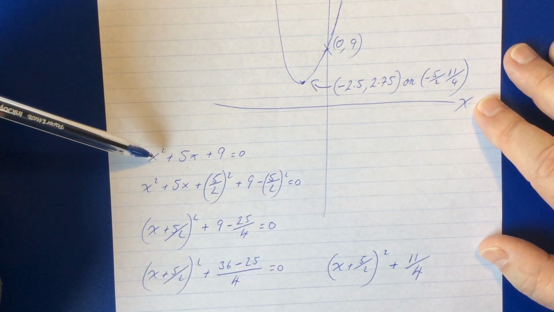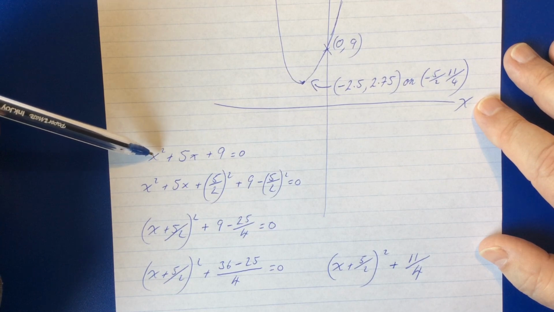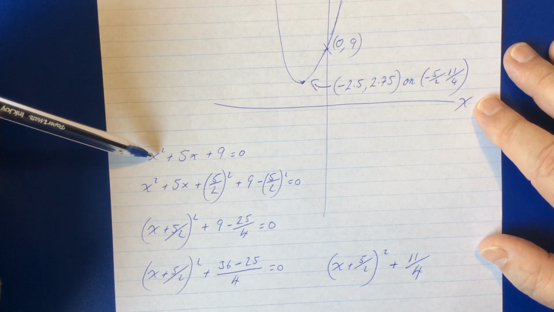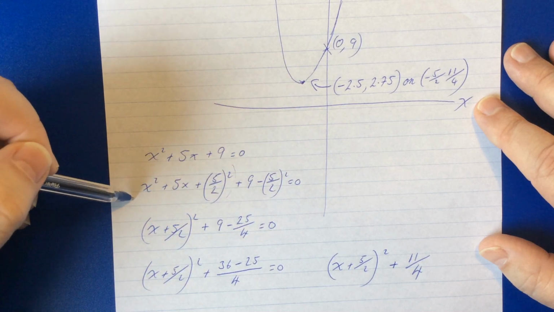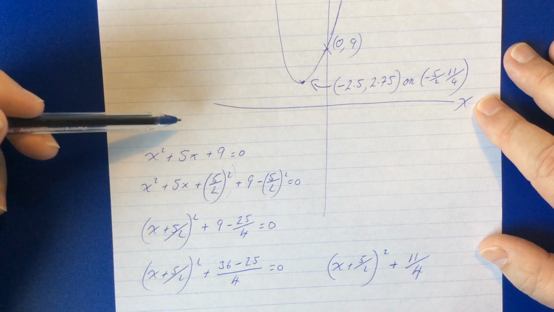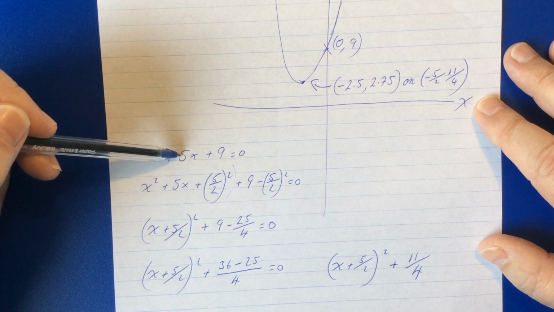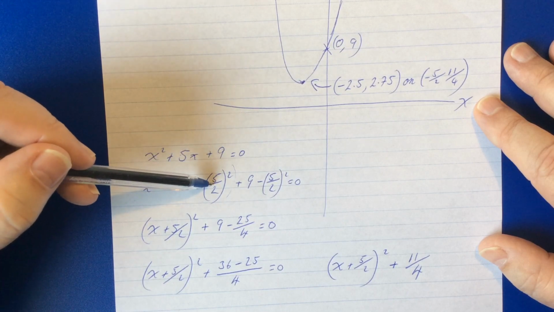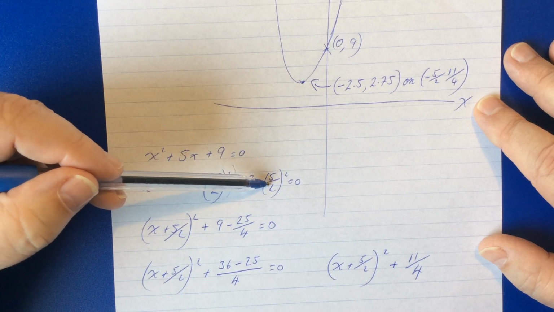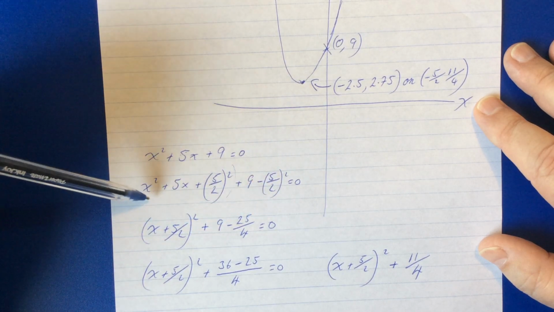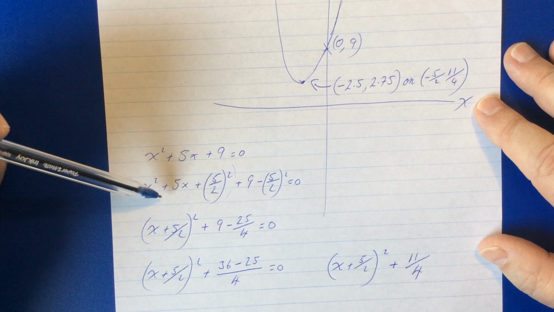Anyway, we go through the first 3 steps of completing the square. So what we do is we create in this space here a perfect square by halving this number and squaring it. And because we did that, we have to take the same number away.